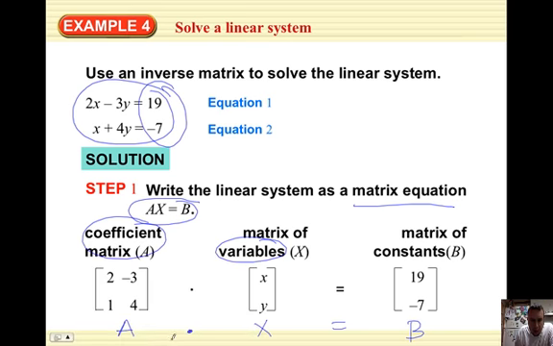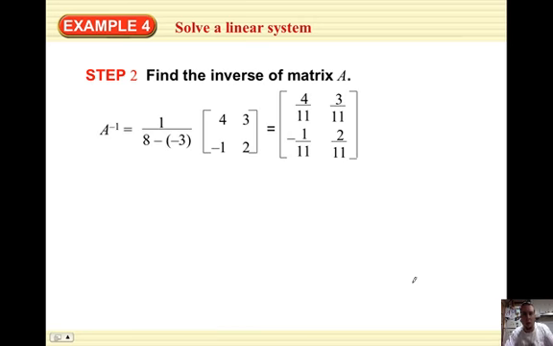We would multiply both sides of the equation by the inverse of this, A inverse. And these two basically go to 1, almost. Multiply this side by A inverse, and that's it. These cancel, and you're left with X equals whatever these two are. Find the inverse of A and multiply it by B, and that's your answer.